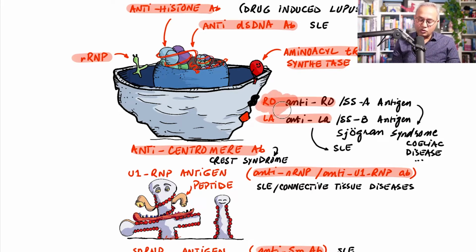One is Ro and the other one is La. When these antigens appear, our immune system can go mad at them, saying, who are you? I have not seen you here before. And antibodies can be produced against them. These will be anti-Ro, or Sjogren's syndrome A (SSA), antibodies, or anti-La, or Sjogren's syndrome B, antibodies.